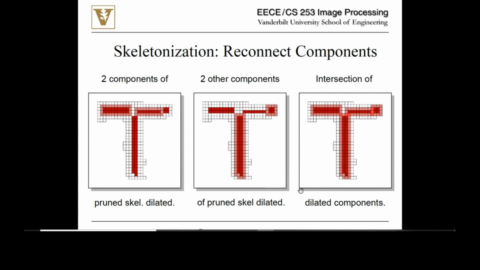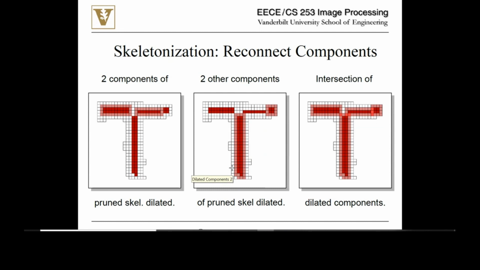So what you can do is you dilate your skeleton and compute the intersection between the dilated connected components. You have to do this for all connected components. So you compute the dilation of this one, dilation of this one, and this one, but they are separated in 2 images just for convenience. And then you compute the intersection of all the dilated components.